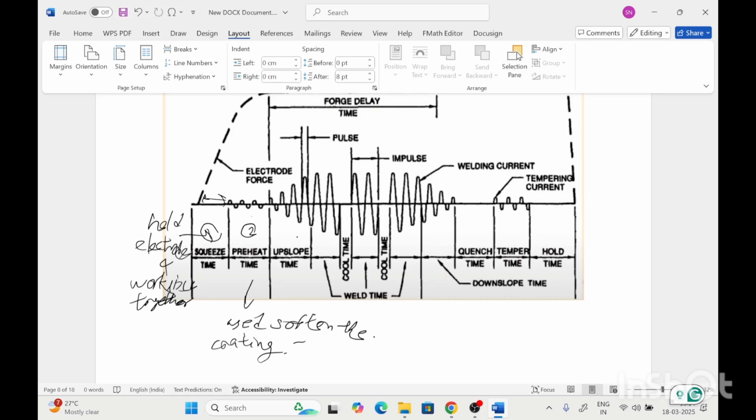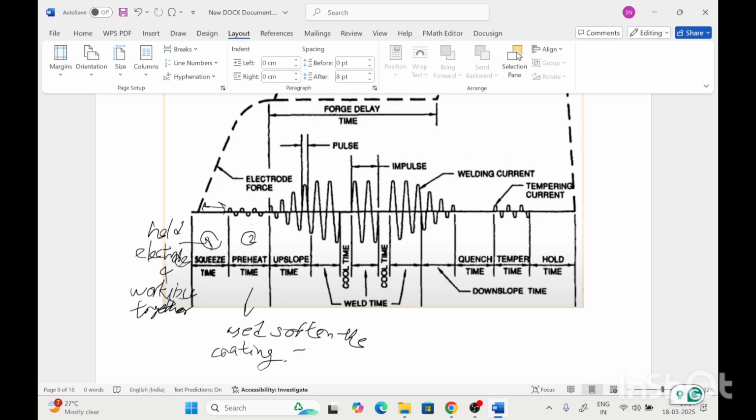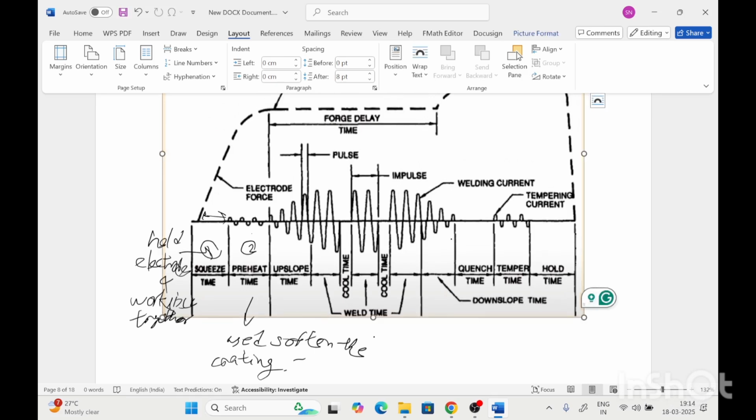After that, the frequency also increases with increasing current amplitude. This is applied to heat the material up to the melting point, and the forging force is also maintained for this time period, which is called the forge delay time.